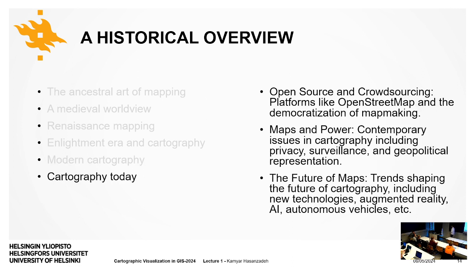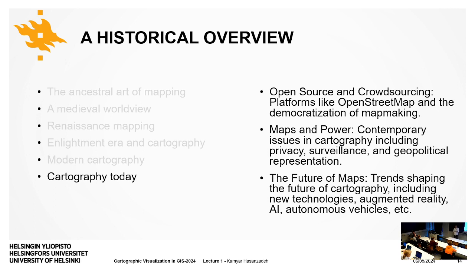And now there are still big changes happening. Cartography today has certain trends. For example, open source and crowdsourcing is a thing. This is still kind of young, so platforms such as OpenStreetMap have been democratizing map making.